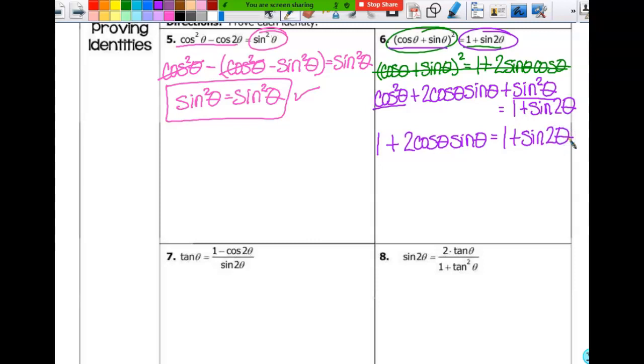All right, so then on the left-hand side, this looks kind of familiar, right? And on the chart, it says 2 sine theta cosine theta, but is that the same thing? Because we can multiply in any order. It is. So this is 1 plus sine 2 theta equals 1 plus sine 2 theta.